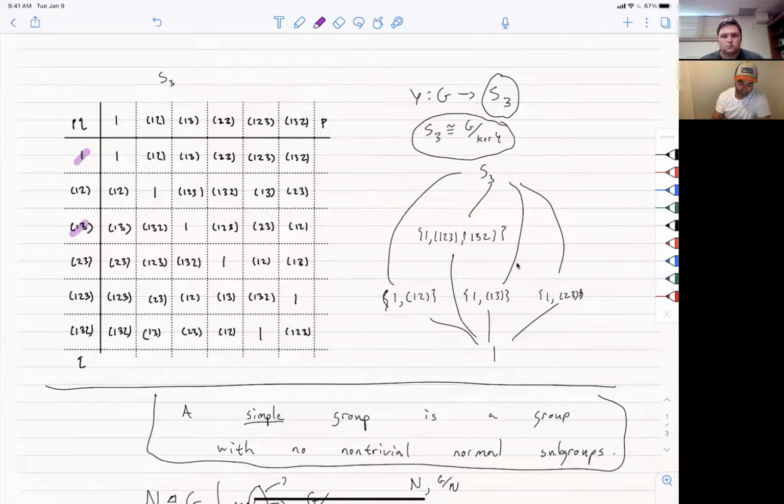If you multiply by 1, you'll get 1, 3. If you multiply by 1, 3, you'll get this. You can then multiply by 1, 2, and you get 1, 2, 1, 3, 2. And you can also multiply by 1, 3, 2, and you'll get the same.